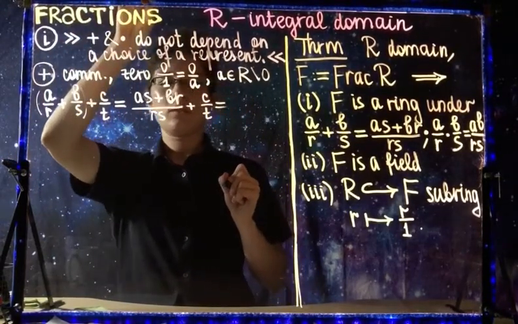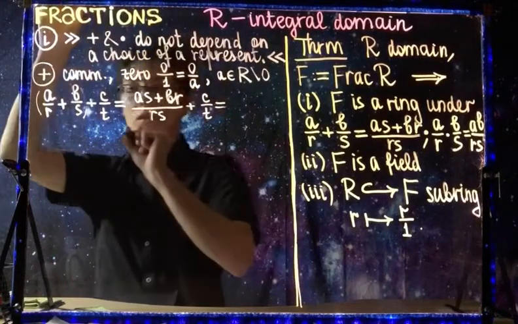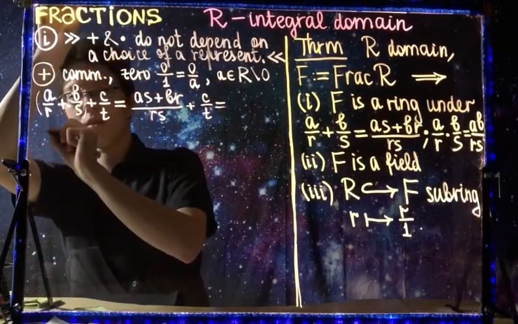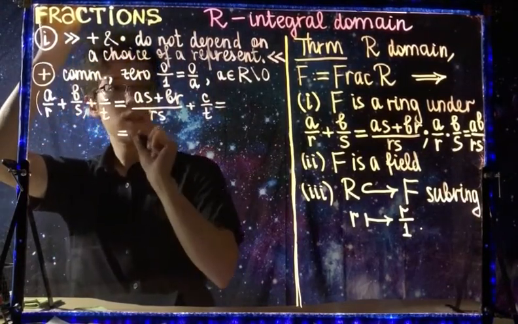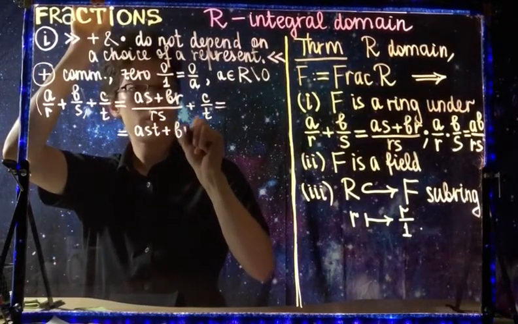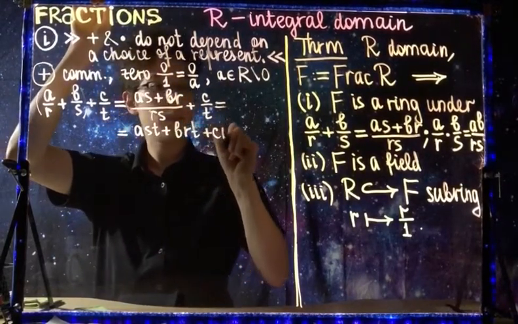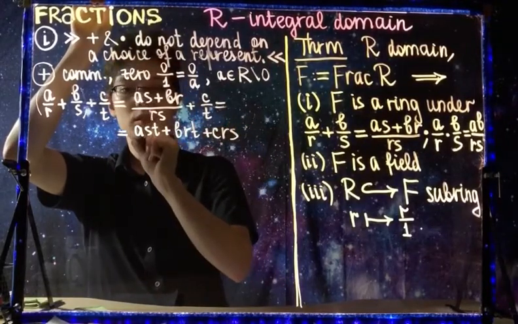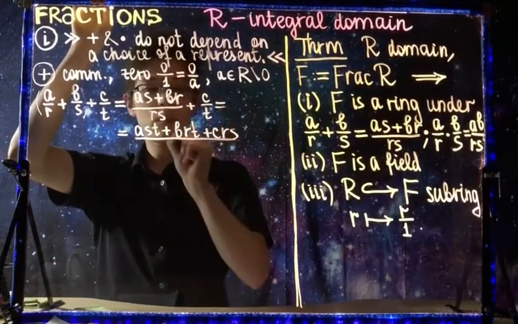And we can write this as ast plus brt plus crs divided by rst.